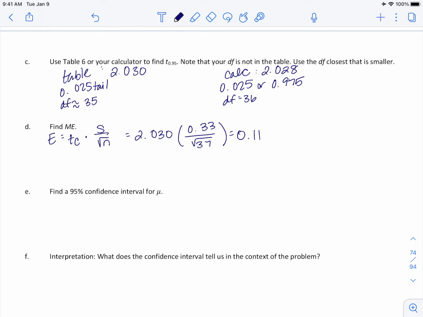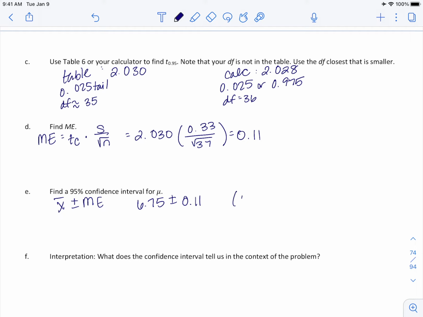For E, we have to find a 95% confidence interval for mu. So remember, this formula is x bar plus or minus ME, our margin of error. So I want you to find this now. Okay, so we have 6.75 plus or minus 0.11.